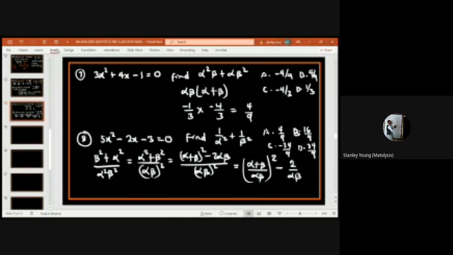So from there, we can then insert the information. So what do you have? Alpha plus beta, that's minus B over A, that's going to be 2/5. Then divided by alpha beta, that's C over A, minus 3/5, squared.